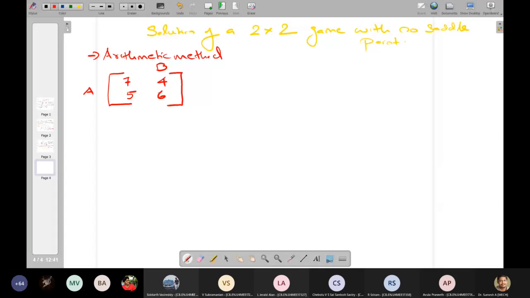None of the elements in the matrix are the same, so however you take the row minima, column minima or maxima, they will not stop on the same point. They are going to diverge. So there is no saddle point for this particular game. If that is the case, how to proceed?